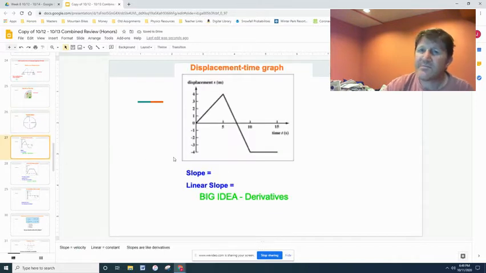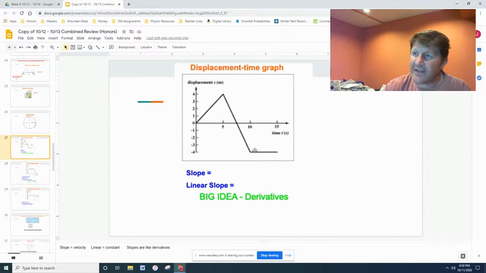When we looked at our displacement versus time graph, if we look at a slope here, the slope of a displacement versus time graph is going to give us our velocity. And then if we look at the negative slope here, that's going to tell us that we're going in a backwards direction.